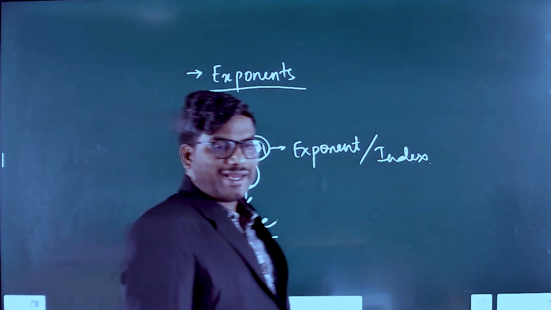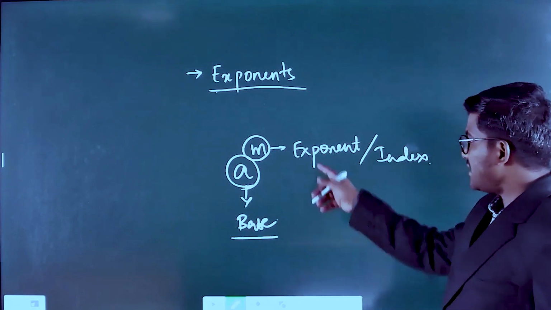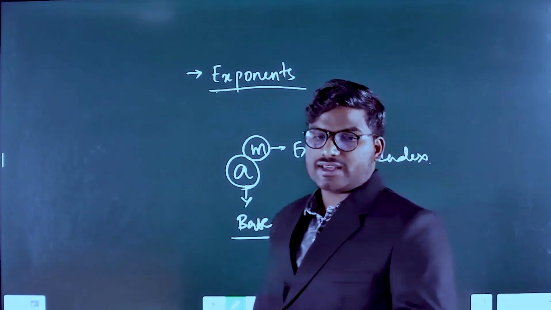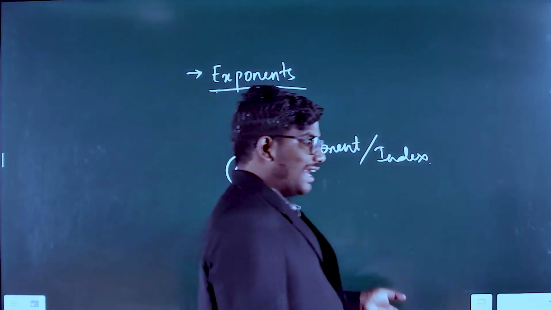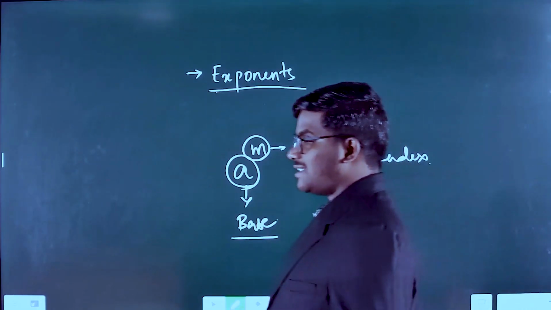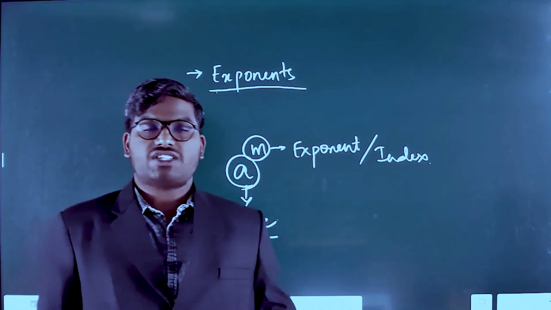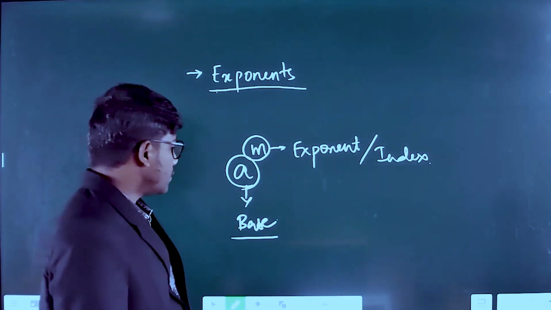Now, base could be anything, right? Base could be anything as well as the exponent or the index could be anything. So essentially, base could be a real number, a fraction, a decimal, an irrational number, everything. An exponent can be the same way too.